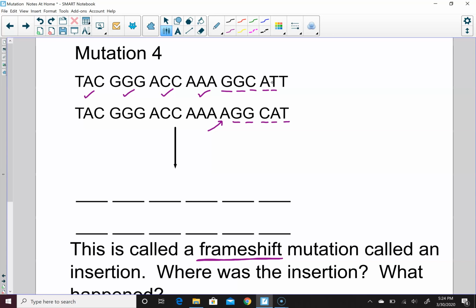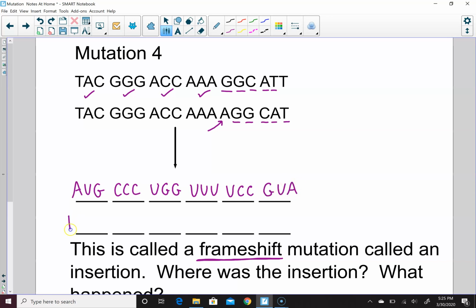Let's find out how bad it screwed us up. This is still AUG, nothing changed there. This is still CCC, nothing changed there. This is still UGG, nothing changed there. This is going to be UUU, nothing changed there. But let's see what happens here. This is now going to be UCC, and this is going to be GUA.